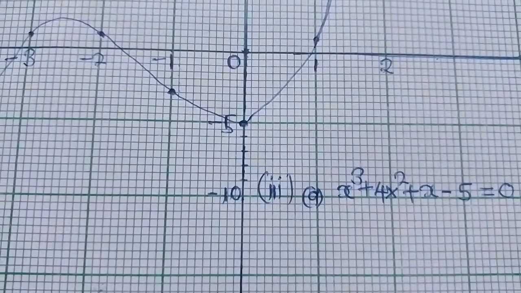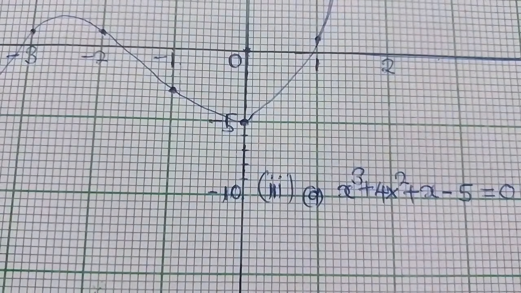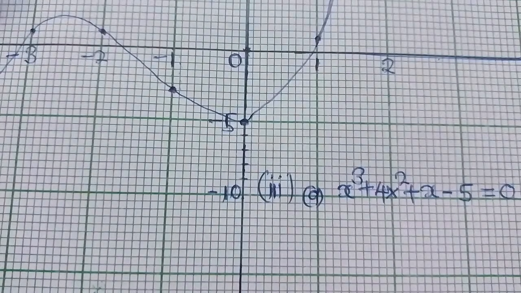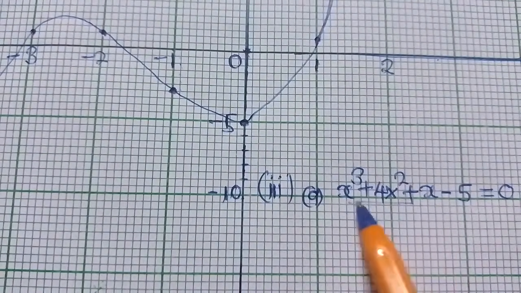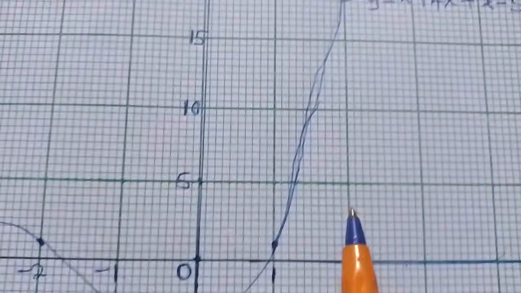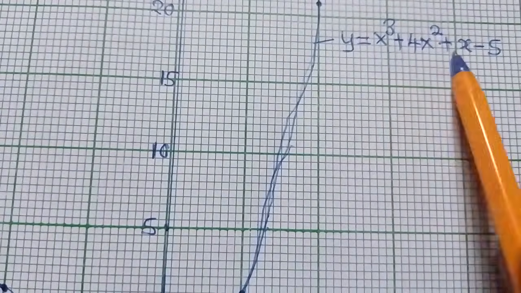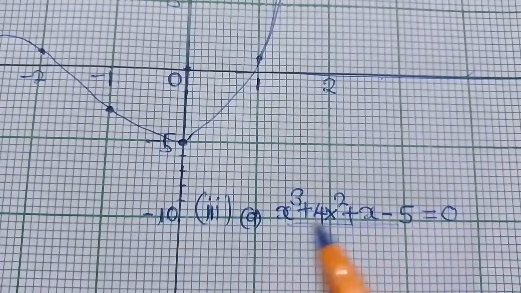So how do we solve equations on the graph? The way we get to solve equations on the graph is that you need to ask yourself, is this given equation here equal to what I'm given in the question? So you compare these two. Is this one here equal to this one which is here?